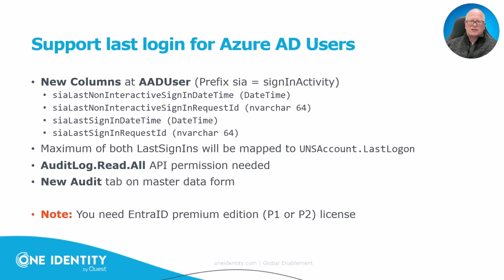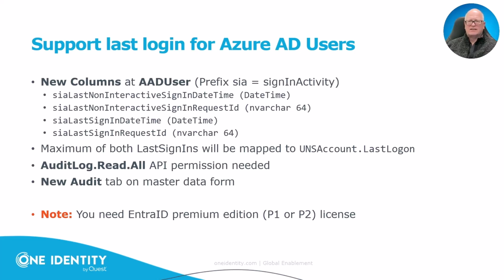Here you can now see the fields in the AAD user. Of course, there's a last non-interactive sign-in date time, and there's also a sign-in date time. What's the difference? One is just the time when somebody was last signed in, and in Entra ID it is also possible to figure out if somebody is only logged in or actually active.